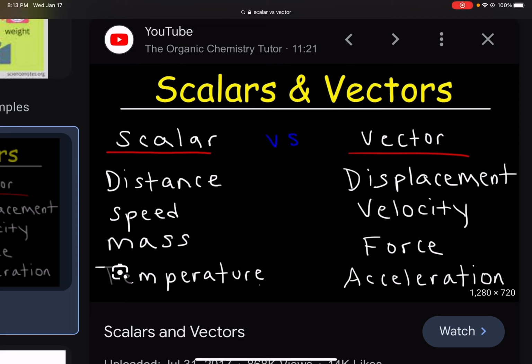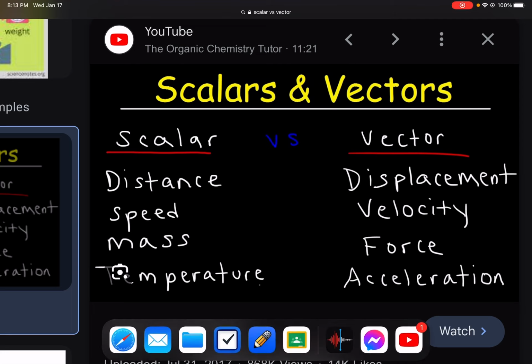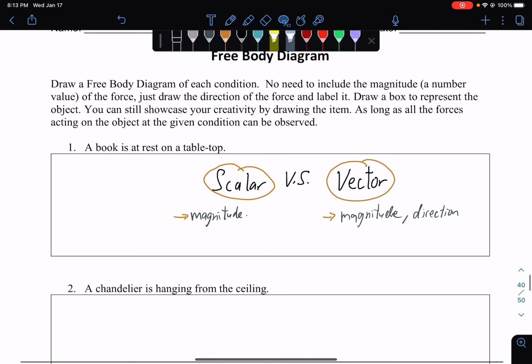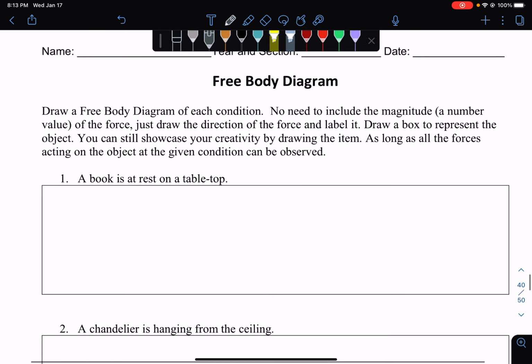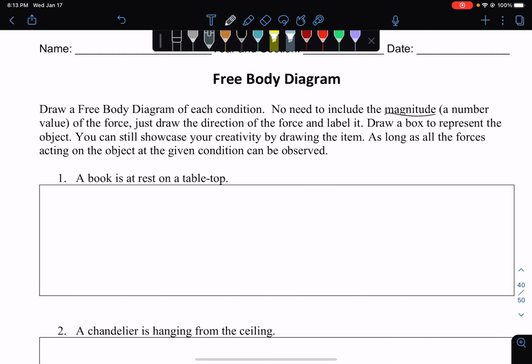Vector quantities have a direction. With that made clear, let's start on the free body diagram. We now know what the magnitude means. It's a value. In scalar, it's only the number itself, and for vector, it's a value that comes along with a direction.